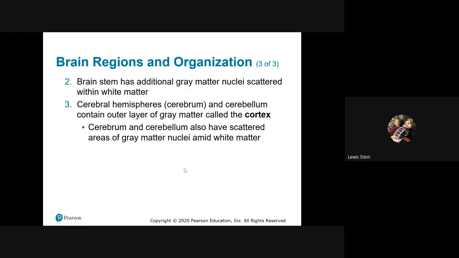So when we get these additional bits of gray matter around that central core of gray matter, around the hollow tube in the middle, that's when we start to see the brainstem. And you'll see it very much distinctively different when we get the cerebral hemispheres and the cerebellum.